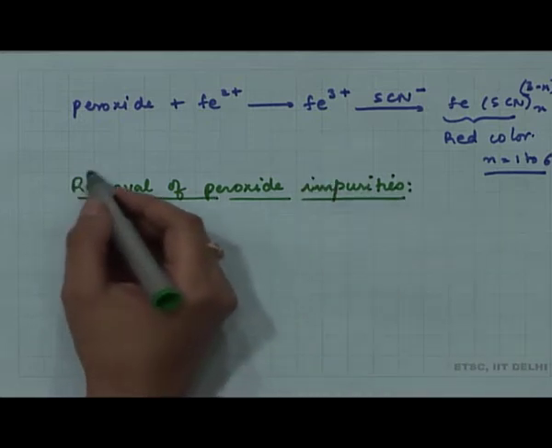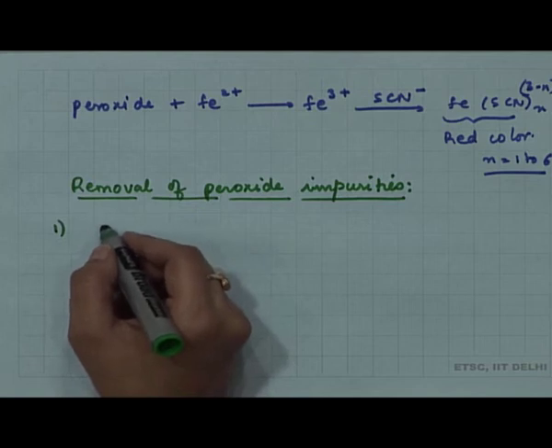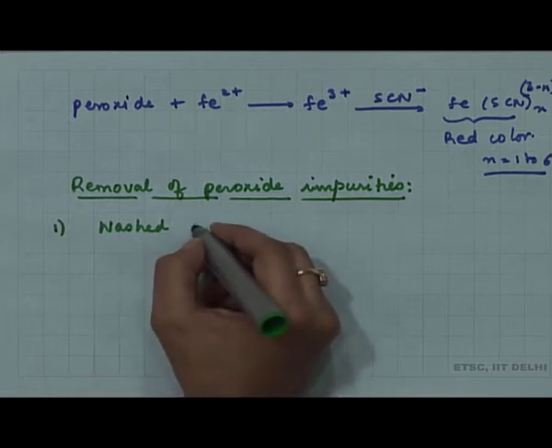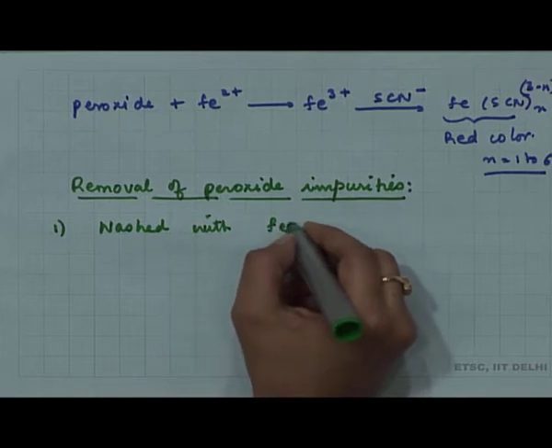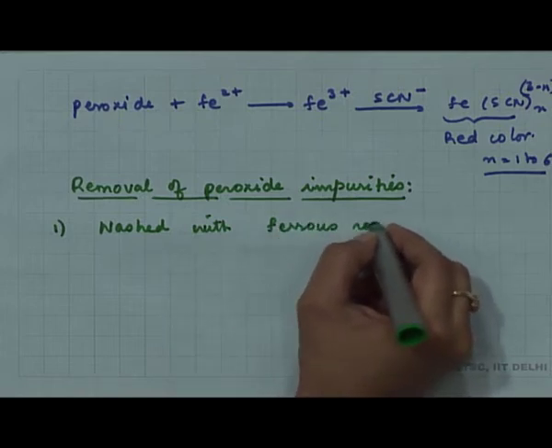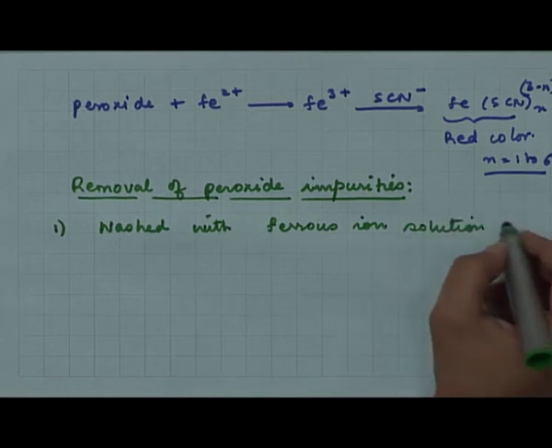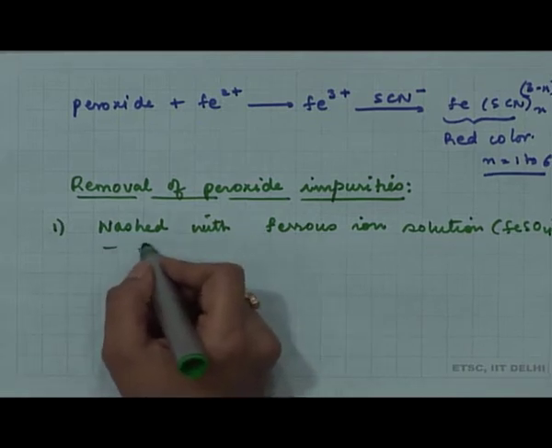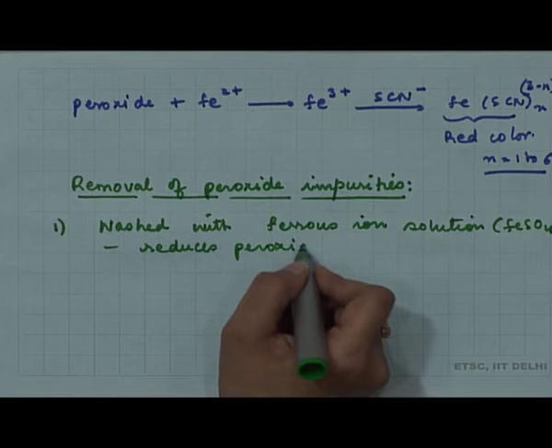Once you have seen that it contains impurities, one way is that the ether can be washed or shaken with ferrous ions. You wash ether with ferrous ion solution. The ferrous ion solution could be a solution of ferrous sulphate, and what it does is it reduces the peroxide. So, this is one of the ways of removing the peroxide impurities.